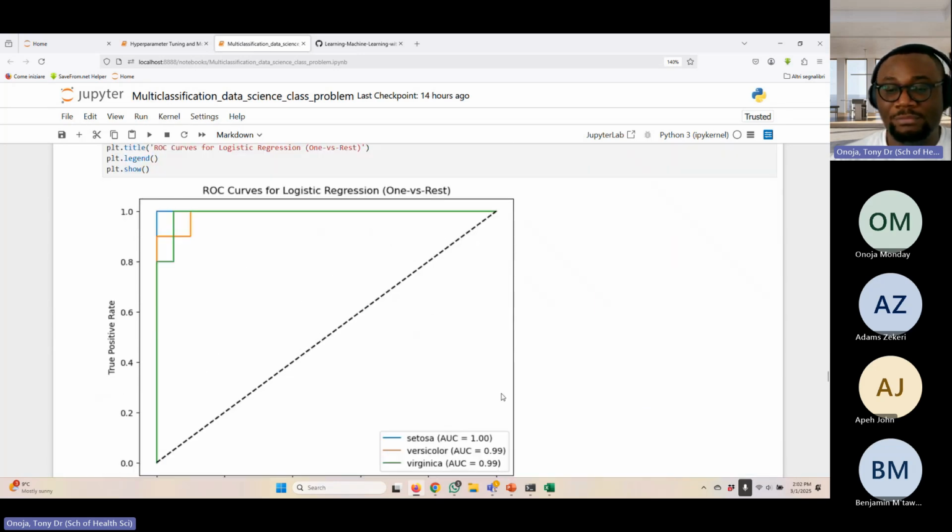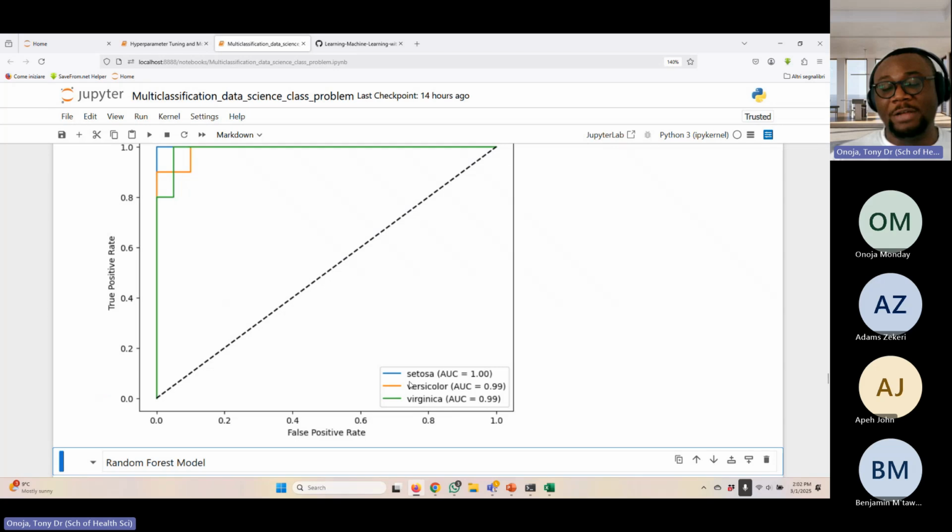Now the ROC curve is perfect. We have 100. But I will tell you the truth. In real life, I will never be comfortable with 100. I will always question my model, because with 100, it's likely there are going to be issues with overfitting.